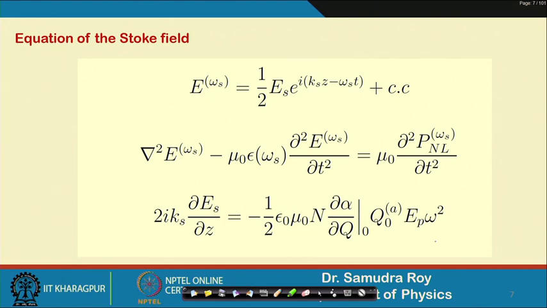In this particular case, we want to find the evolution of the Stokes wave. This Stokes wave has frequency omega s. That is the reason why we need to find the polarization term, and this polarization term should have the frequency component omega s.